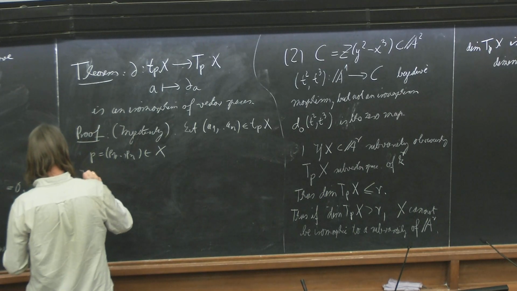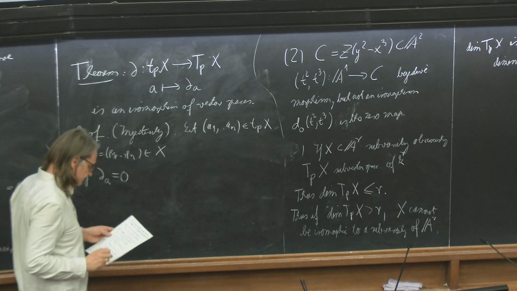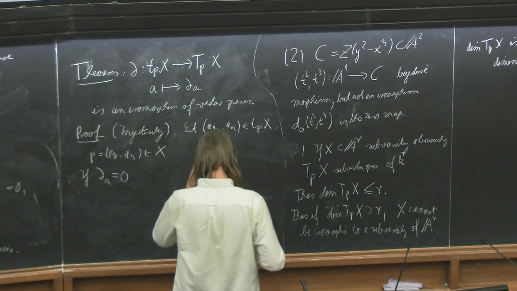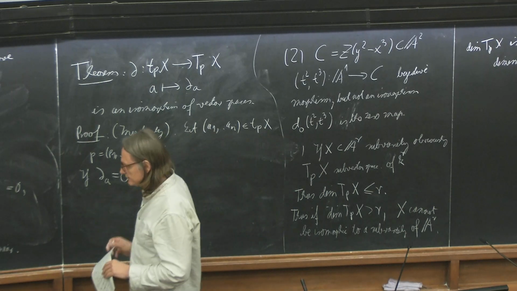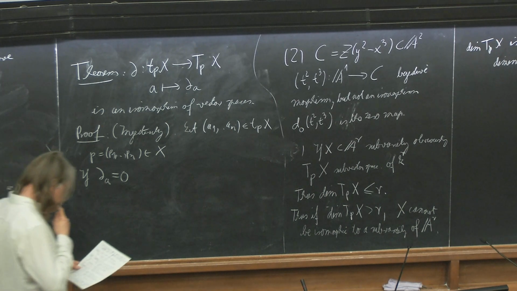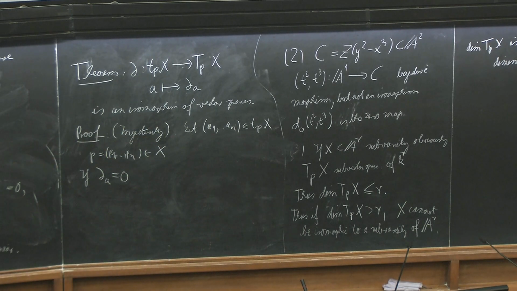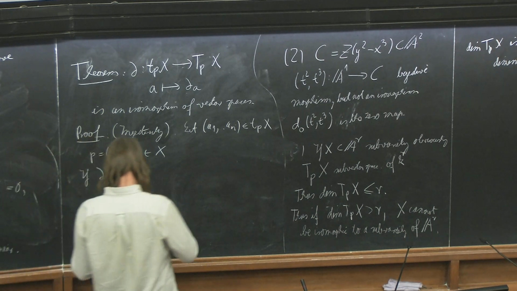So if dA is equal to 0, what does it mean? It means for all elements in MP modulo MP squared, if I apply dA to it, I get 0. Or in other words, for all elements in MP, if I apply dA to it, it's anyway 0 in MP squared.